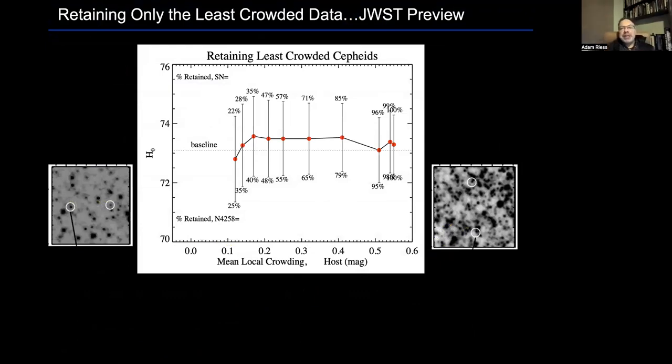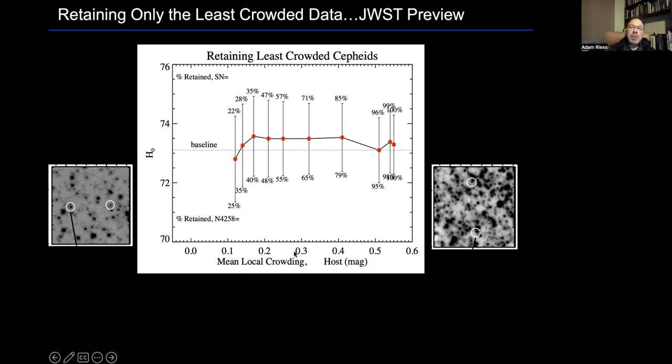What will JWST do for this problem? This, of course, is a new telescope which has been launched and has greater resolution. I mentioned before about dense backgrounds with Cepheid variables. One of the nice things about a higher resolution telescope is it de-densifies, or makes it easier to see individual objects like Cepheid variables in dense regions.